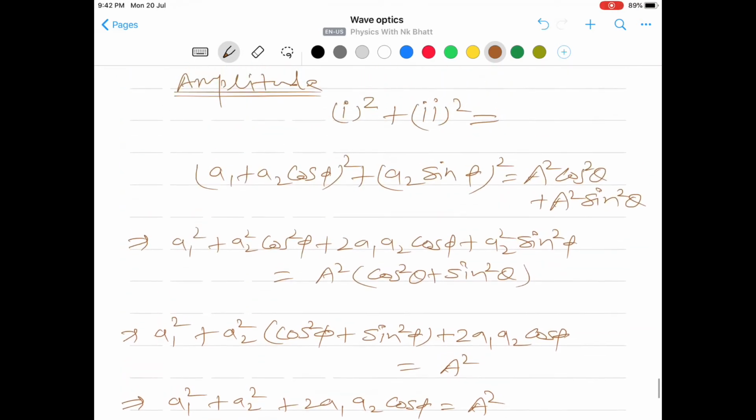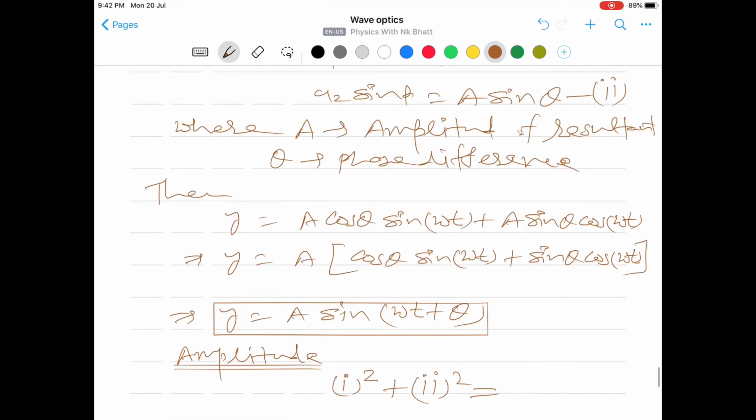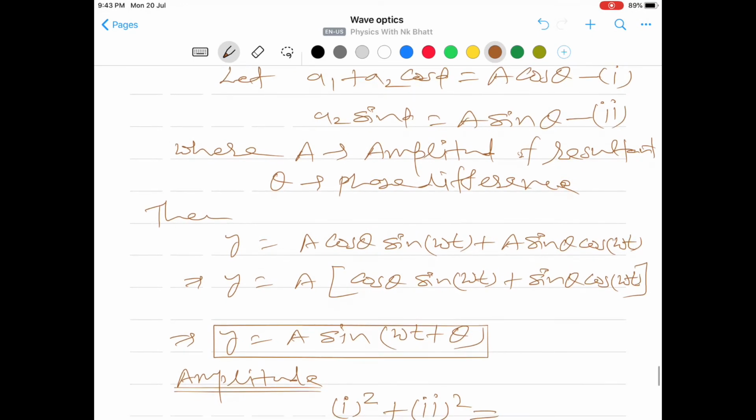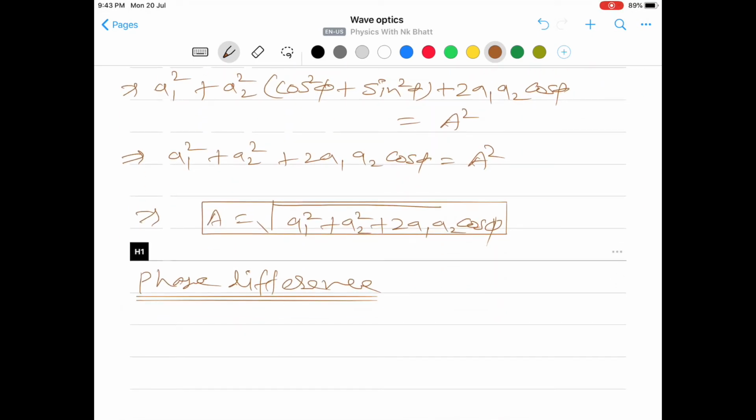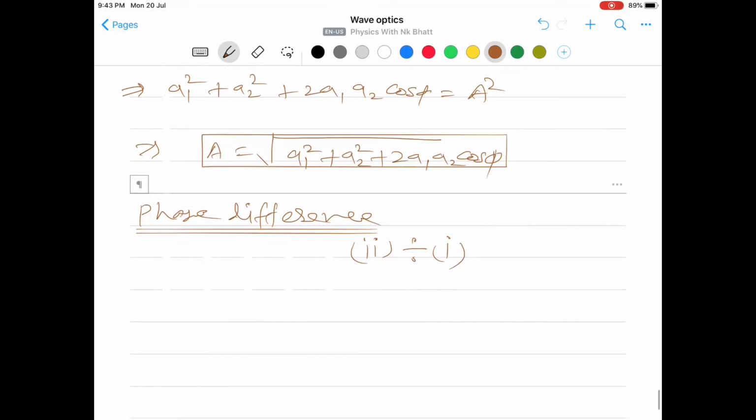To find the phase difference, we will use these two equations again. So equation second divide by equation 1.